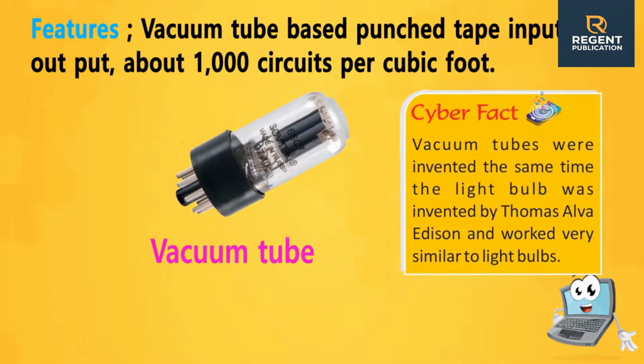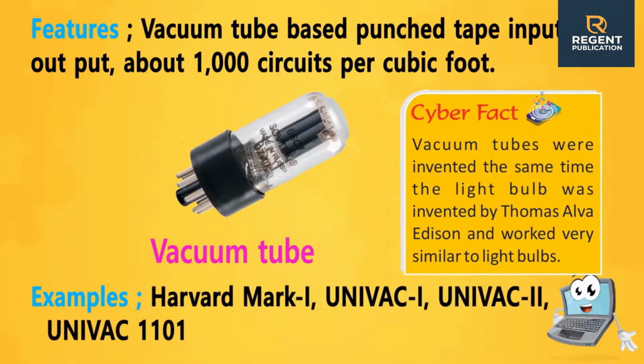Examples: Harvard Mark I, UNIVAC 1, UNIVAC 2, UNIVAC 1101. Cyber fact: vacuum tubes were invented around the same time the light bulb was invented by Thomas Alva Edison, and worked very similar to light bulbs.